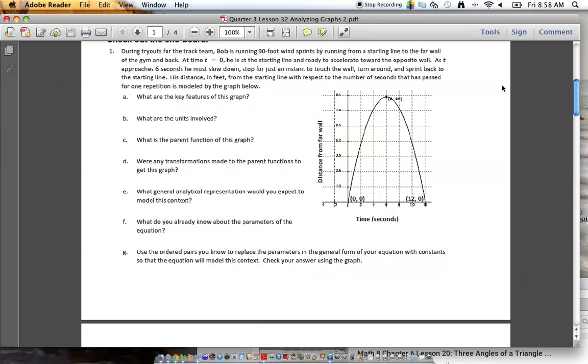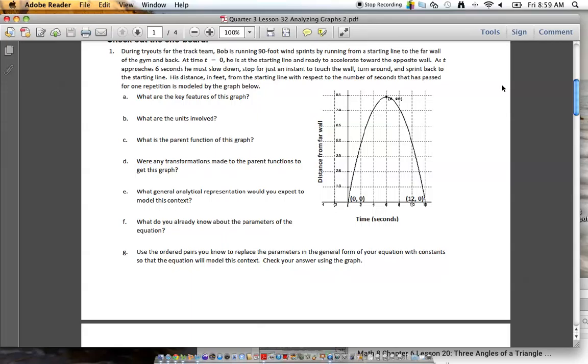Are you serious? You're only running 90-foot wind sprints. That's gotta be 91. Yeah, it looks like each box is worth 13. So there's definitely a narrowing of this, even though it doesn't look like it on the graph, because each box is worth 13. Okay, so there's vertical and horizontal shift, and there is a narrowing and a flipping.